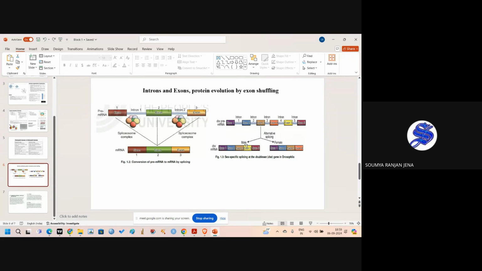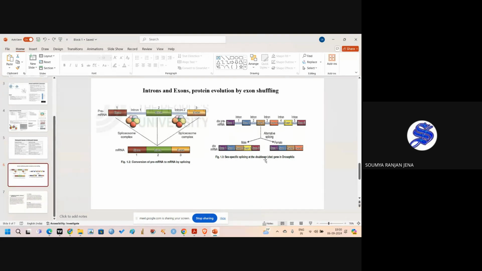In splicing, if exons 1, 2, 3, 5, and 6 are joined, this forms male-specific Drosophila, and if only exons 1, 2, 3, 4 are joined, then this is female Drosophila. This exon shuffling splicing determines sex in Drosophila species, because, as you know, exons are protein coding regions and introns are non-protein coding regions.